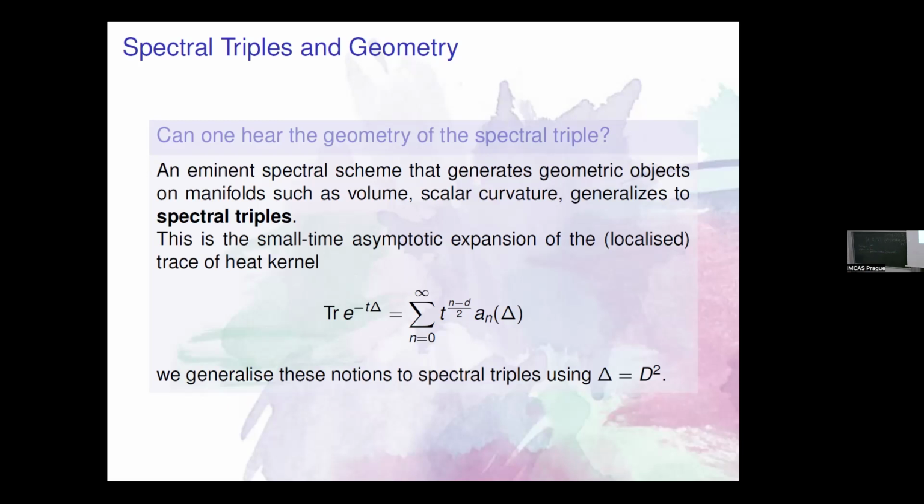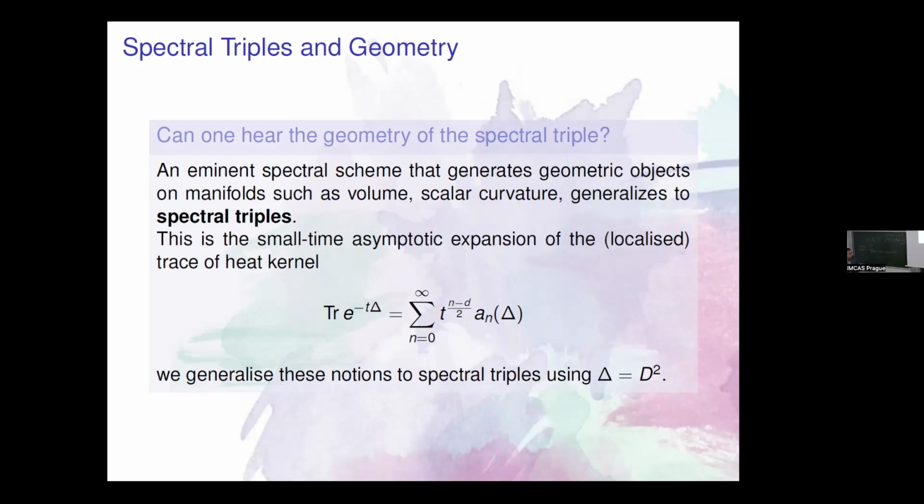And then when you look at how it behaves with respect to t, you will find that for manifolds it has the following expansion. It has parts which are negative powers of t, because when t goes to 0 it explodes, since that would be like taking the trace over 1.